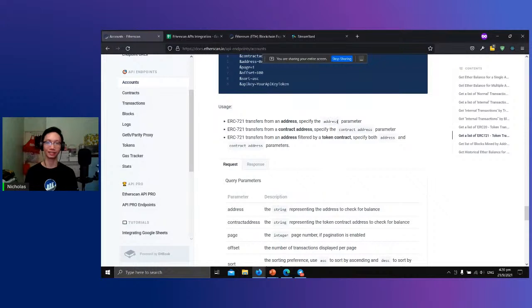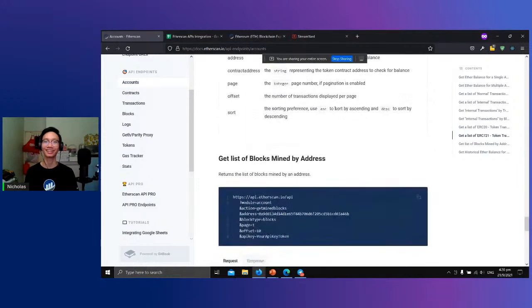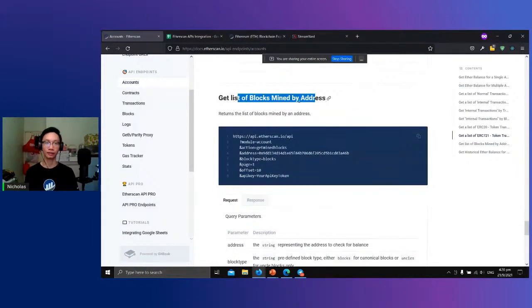I'm losing track of all the NFTs out there. And of course, you can filter by both the address and the contract address, meaning you want to check your account specifically for CryptoPunks or specifically for Penguins, whatever they're called.